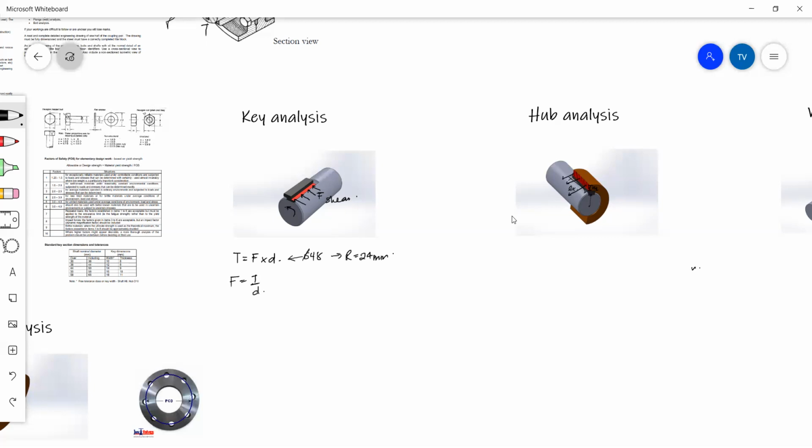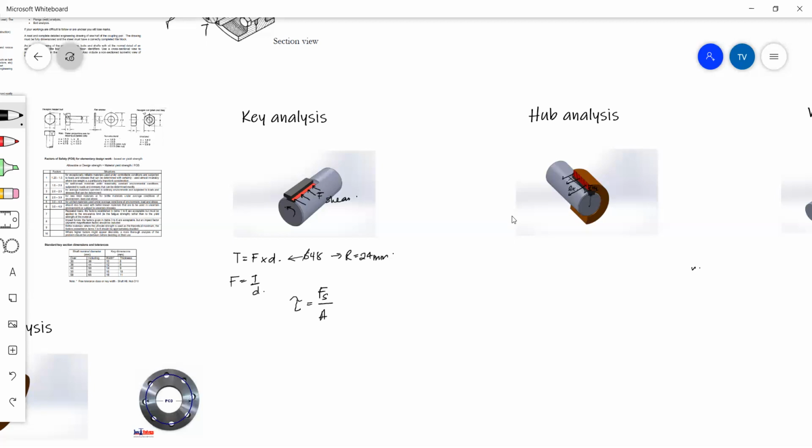All right. Once we have our force, we can now apply the stress equation to calculate for the length of the key, which is what we're trying to find at the end of the key analysis. Now remember, we're looking at shear force, so we'll be looking at the shear stress of the material. So shear stress is equal to the shear force divided by the area.